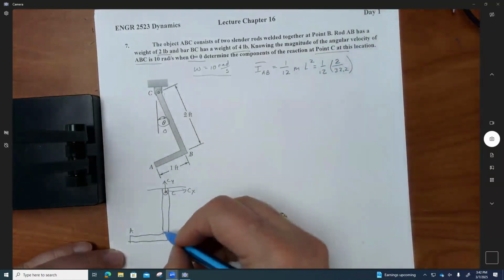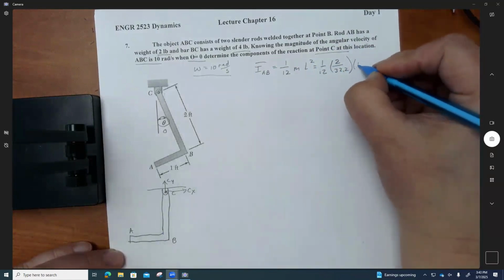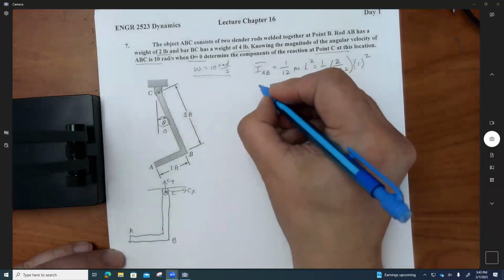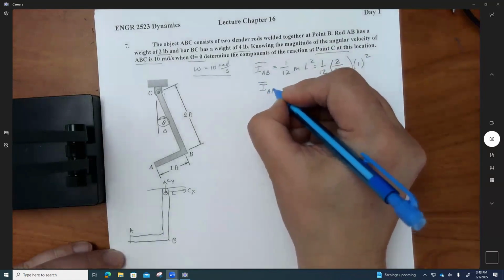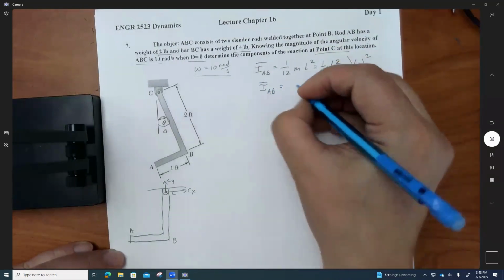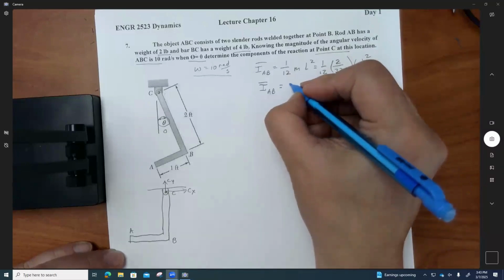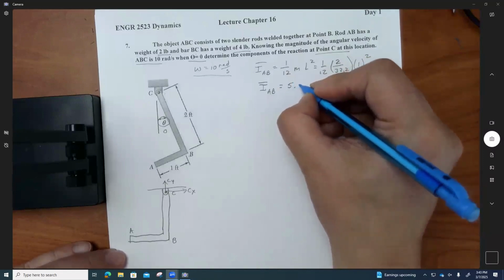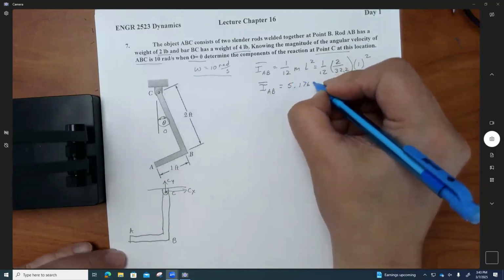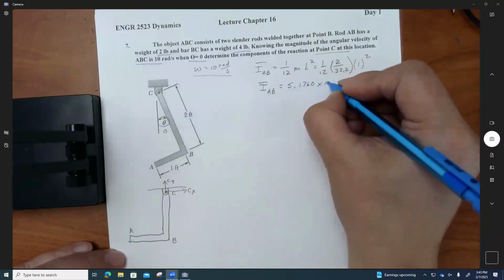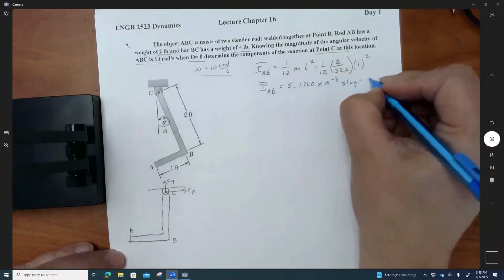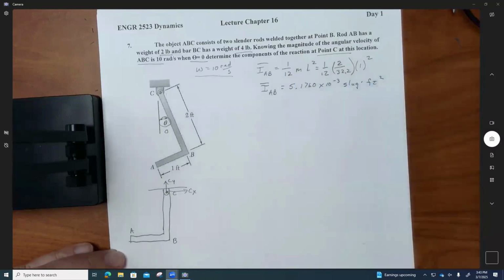And we are 1 foot, and that's squared. So the I bar for AB is going to be equal to a small number, 5.1760 times 10 to the minus third slug feet squared.